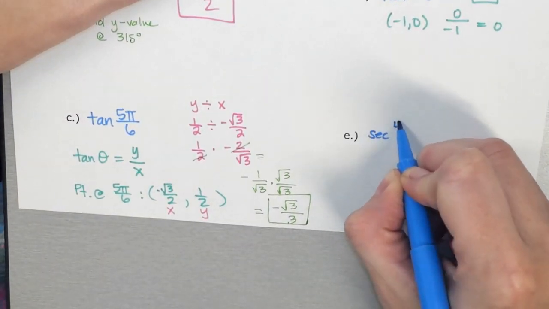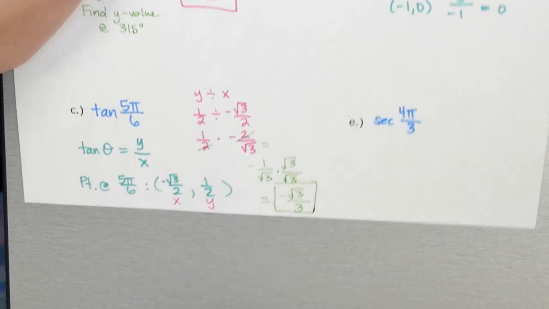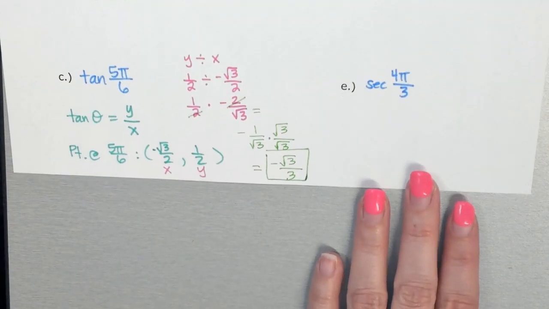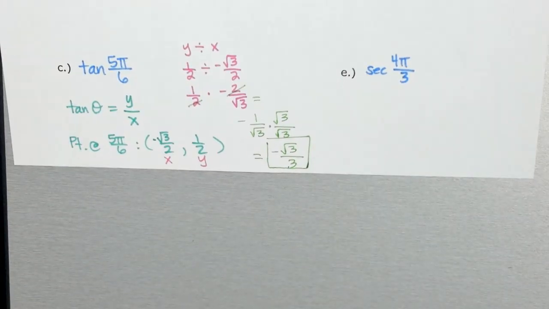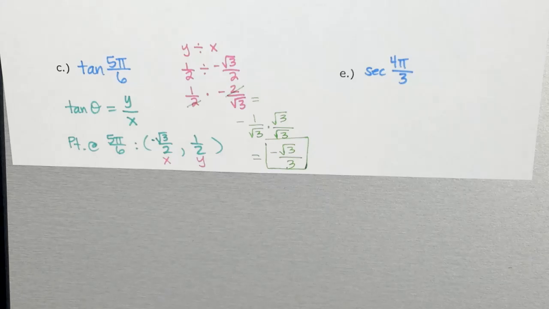The last one we're going to do on page 1, the grand finale, is the secant of 4 pi over 3. Do we remember what's special about the secant? It's related to what function? How is it related to the cosine? Reciprocals.